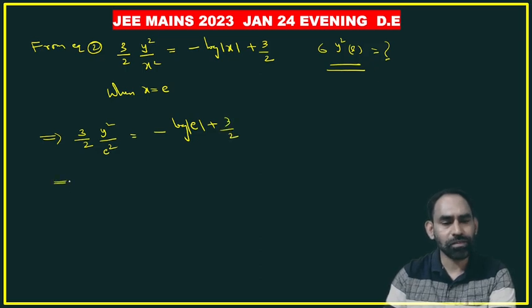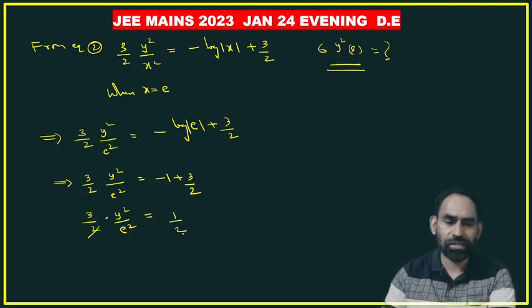That implies 3 by 2 into y square by e square equals minus 1 plus 3 by 2, since log e value is 1. So this is 1 by 2. Now the 2 gets cancelled. That implies y square equals e square by 3.